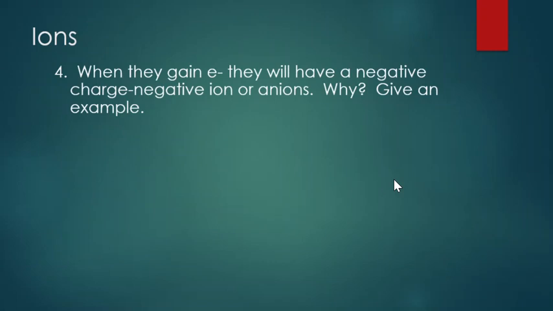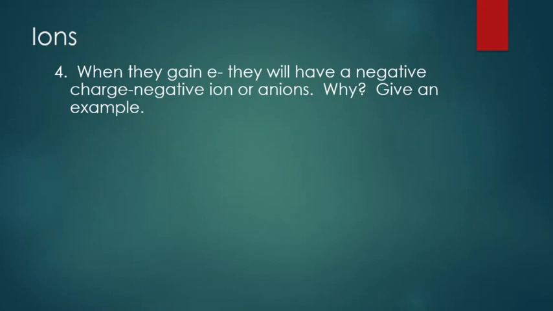All right, so when you gain electrons, you become smelly. Why do you become smelly when you gain electrons? Because electrons are a negative thing. But what about the smelly? Because you become an anion.